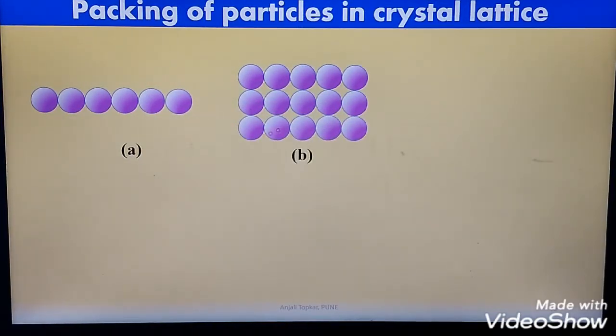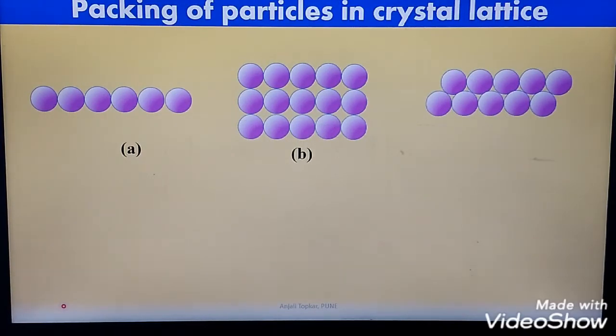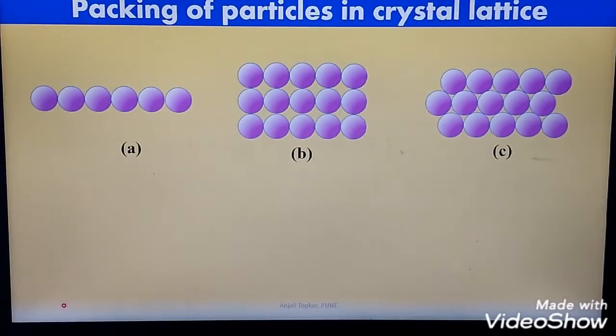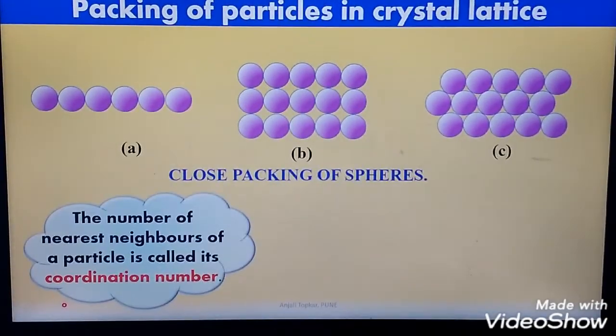The number of neighboring spheres that touch any given sphere is its coordination number. The magnitude of the coordination number is the measure of compactness of the spheres in close packed structures.